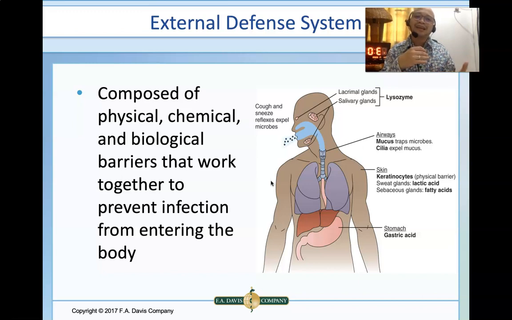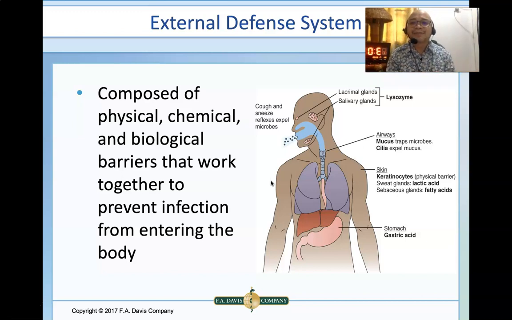Not to mention that our sweat glands produce lactic acid, which also has antimicrobial properties. And then the sebaceous glands produce sebum, or fatty acids, which also have antimicrobial properties.